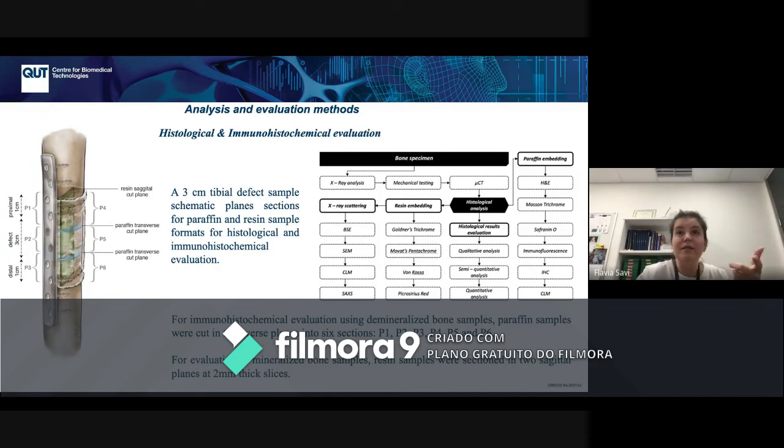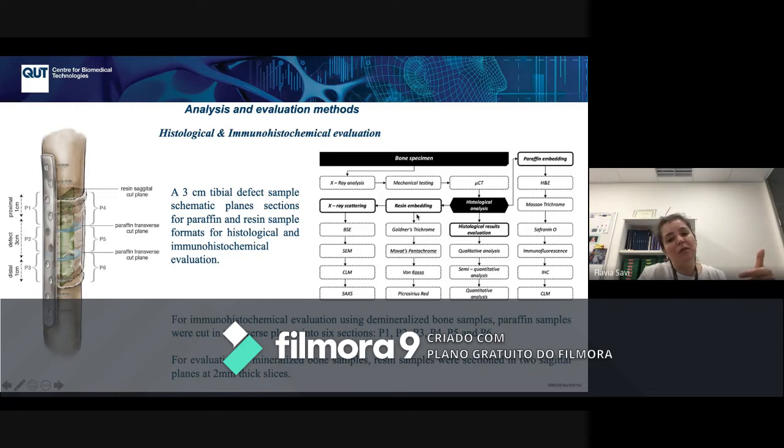But how do we analyze this process? We use histology. First we monitor through the X-rays, we do the mechanical testing, micro CT, and then we do the histological analysis. We can use two models of analysis, which are resin embedding or paraffin embedding.